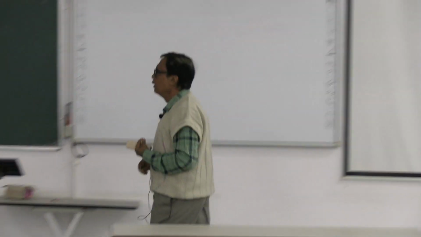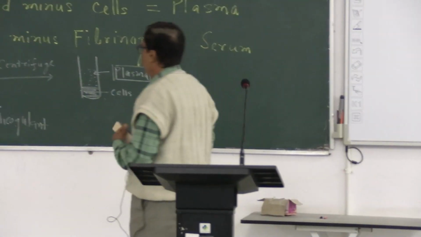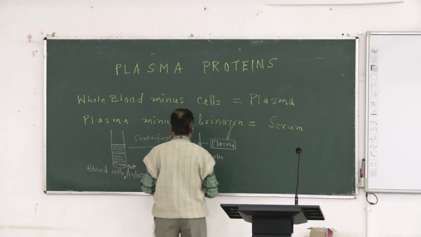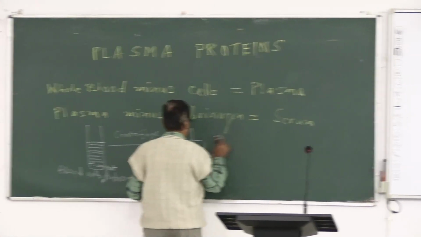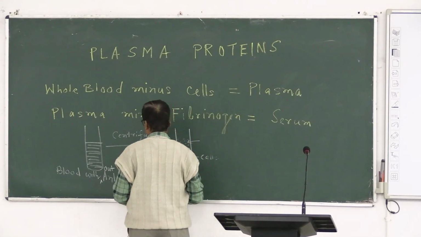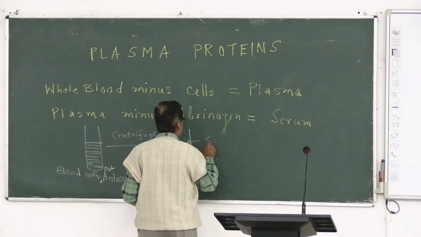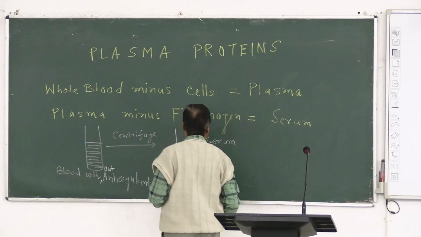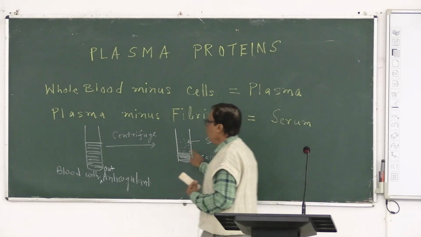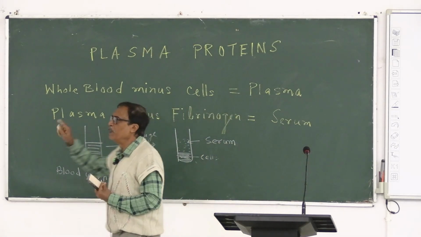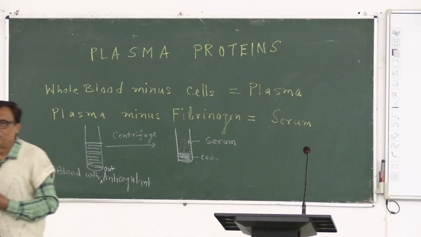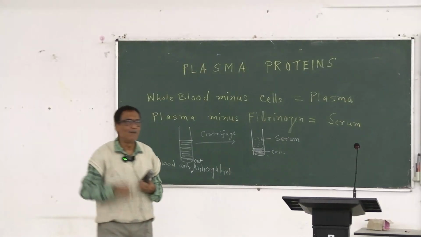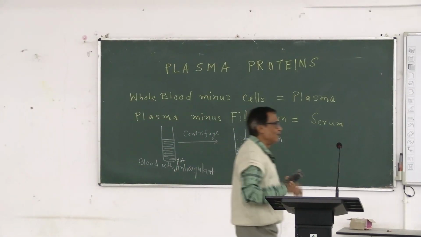Without anticoagulant, by centrifugation, you get serum. And when fibrinogen is added to serum, it will be plasma.